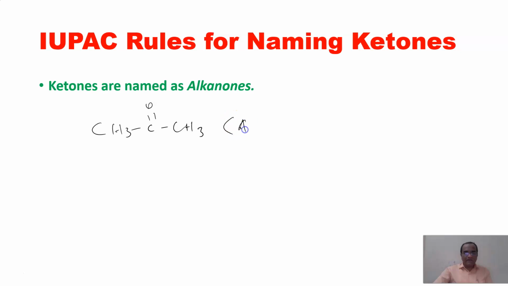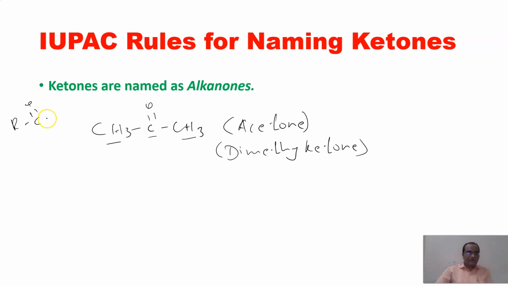Commonly it is said to be acetone, a very common lab solvent that you might be using, or it is also called dimethyl ketone, as it is having a methyl group on both the sides of a ketone. So this is a ketonic functional group in the middle. It is also called R, C double bond O, R.